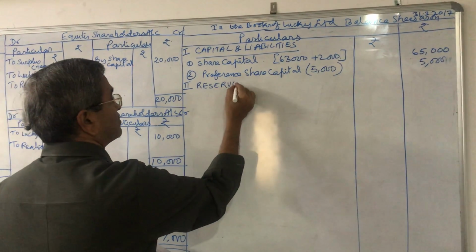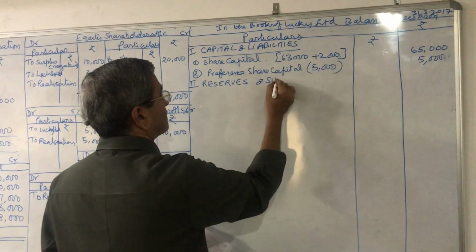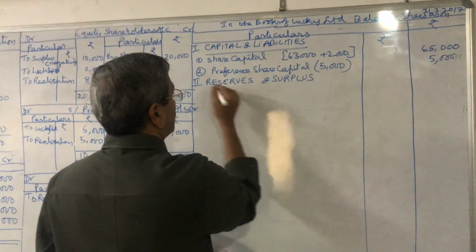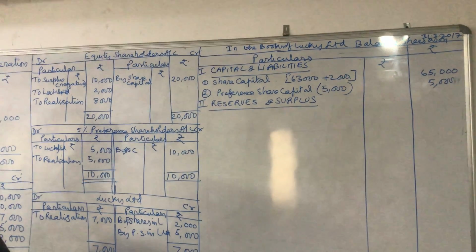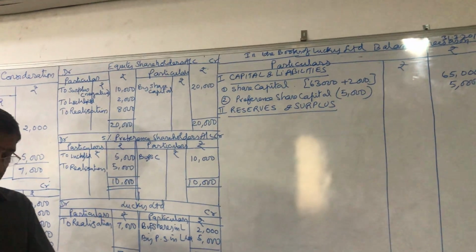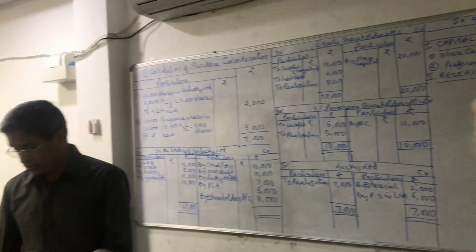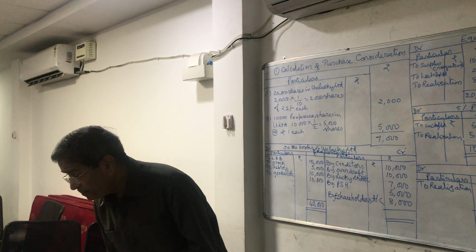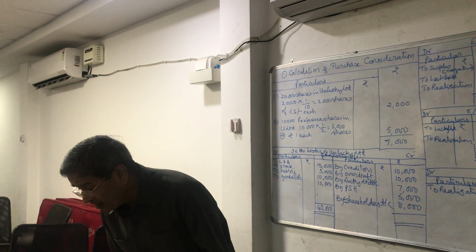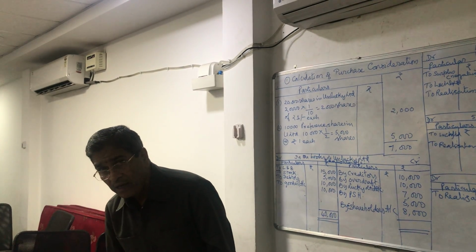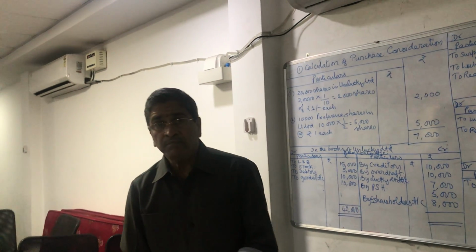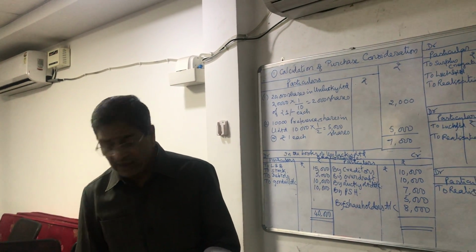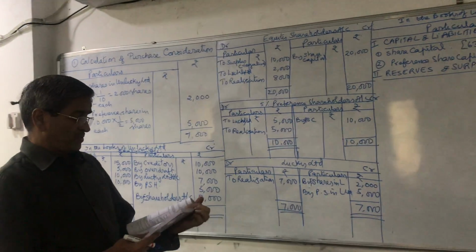The second part is the reserves and surplus. Under the reserves and surplus, we must find out what are given. You are given capital reserve 30,000, general reserve 30,000. So if we look to this, we need to adjust the profit or loss in acquiring the assets of the Unlucky Limited with whatever we have existing in the reserves.